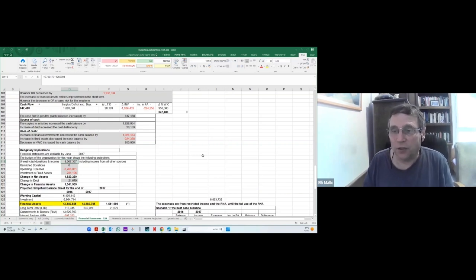It's a narrower definition because only these donations or grants for which we have to report the full expenses in order to get the income are under restricted donations or restricted net assets.